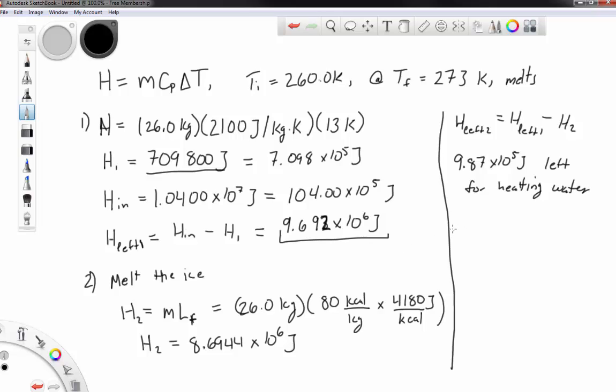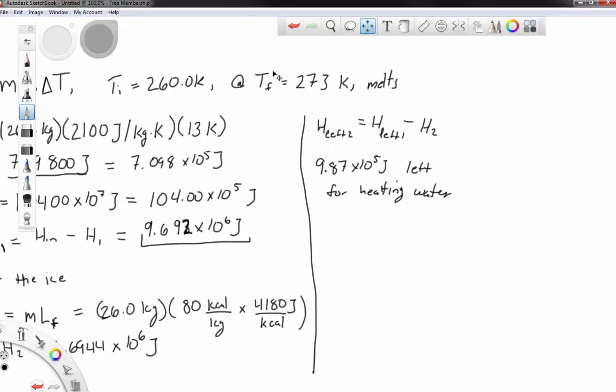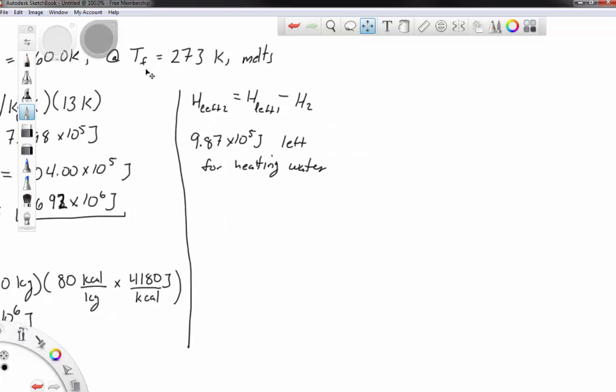Okay, so to heat the water, we go on to stage 3. In stage 3, we're going to just heat the water.